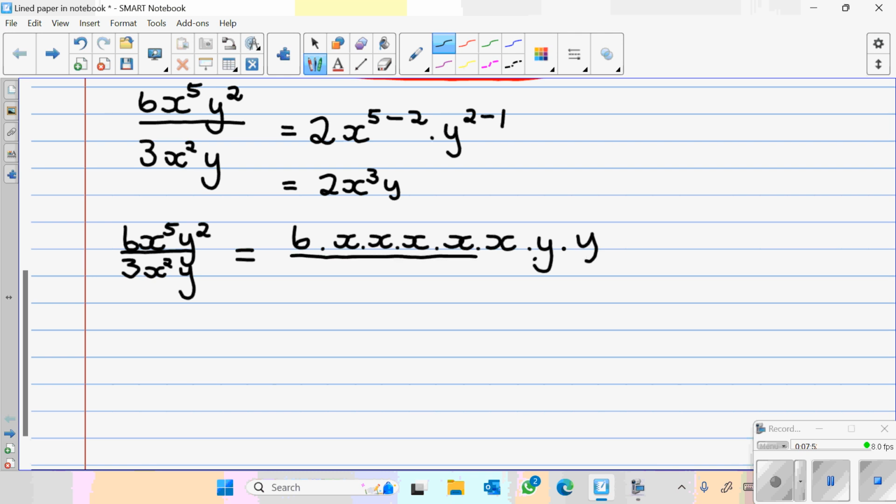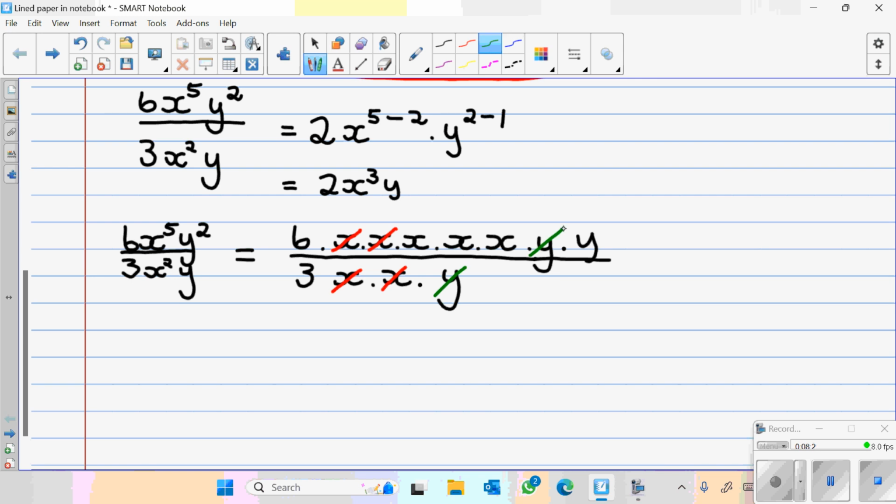Divided by 3 times x times x times y. And now we know that if it is the same at the top and the bottom, we can cancel out. So this x cancels with that x, this x cancels with that x, and this y cancels with the first y.